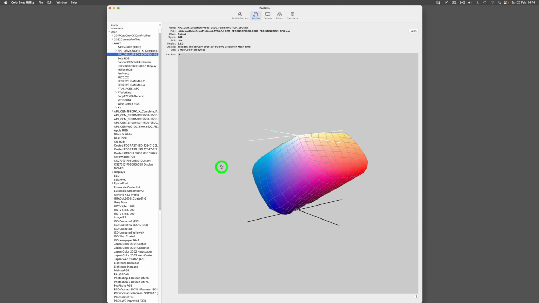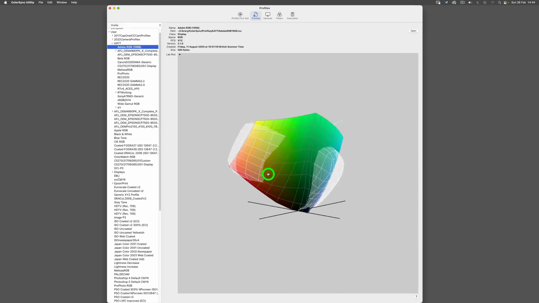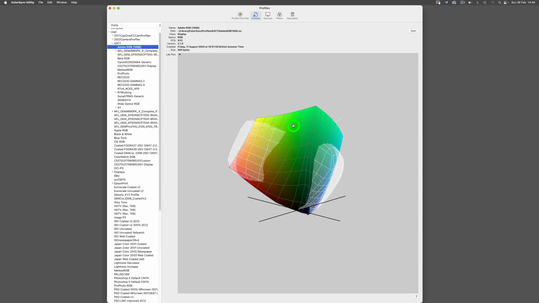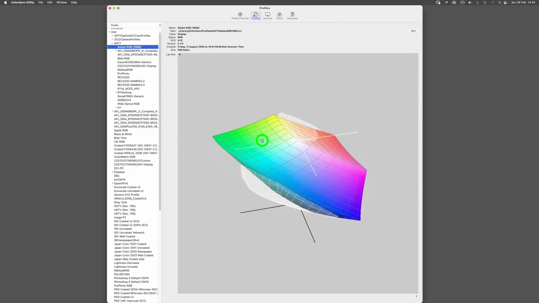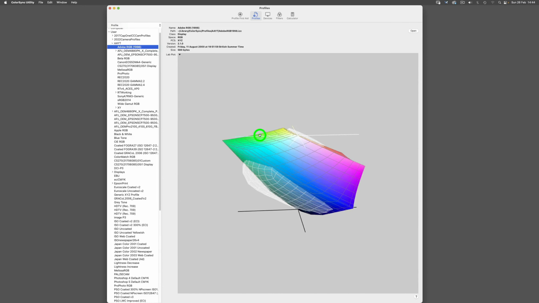Alright, if you were to archive your image out in the Adobe RGB colour space, so let's hold this for comparison and go for Adobe RGB. Now the coloured wedge is the Adobe RGB profile, but look at all the colours that the printer is capable of printing but are not contained within the Adobe RGB colour space. Now for some people that's not a problem, but they are not realising something.